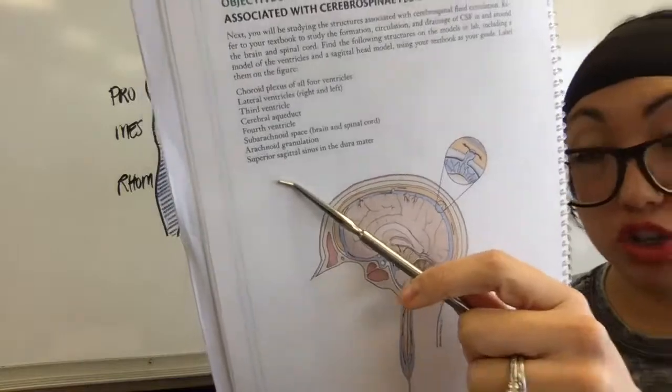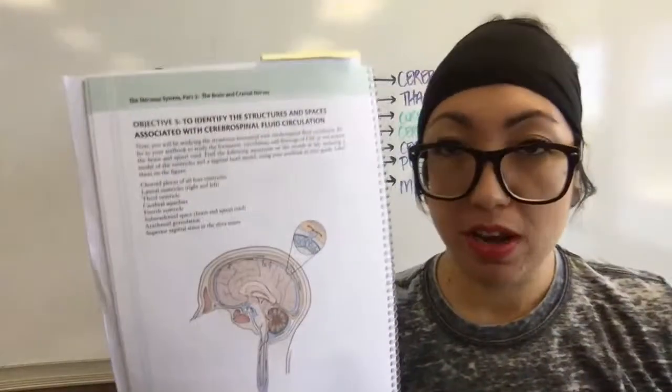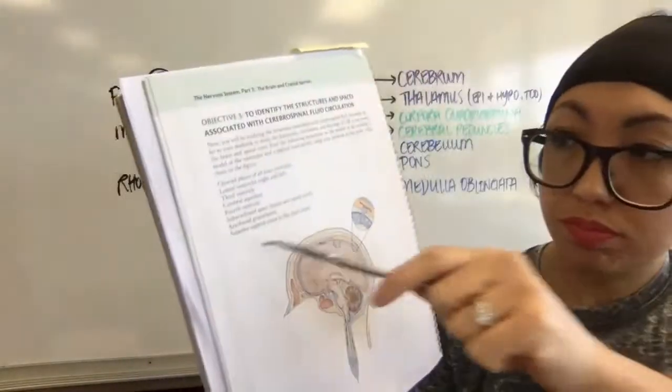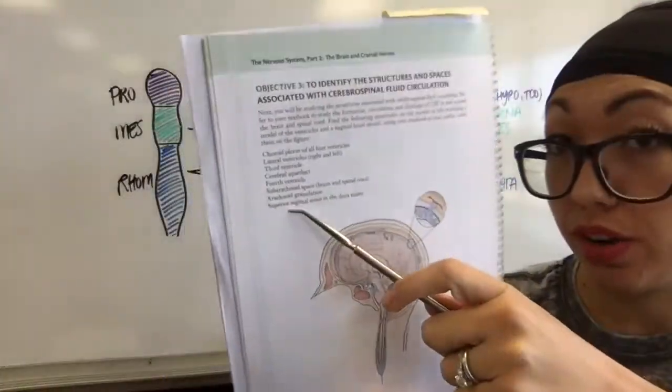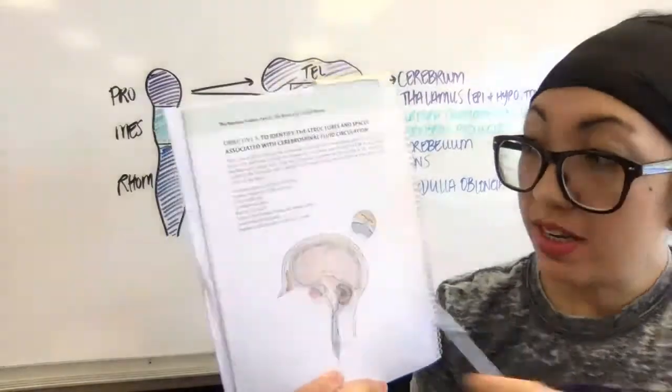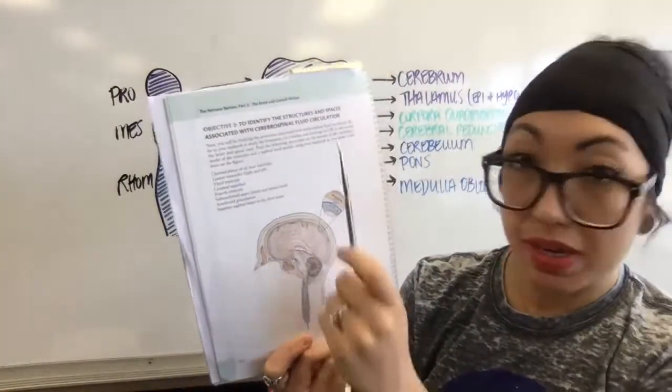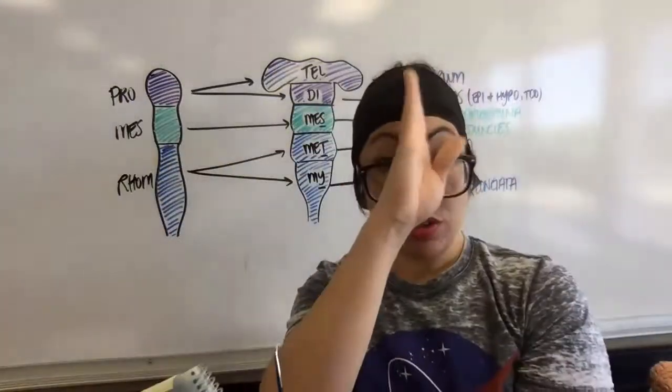But if you hear dural venous sinus, I think I said that in my video, I say both terms, but the dural venous sinus is the same thing as the superior sagittal sinus. This is very descriptive, superior sagittal sinus.